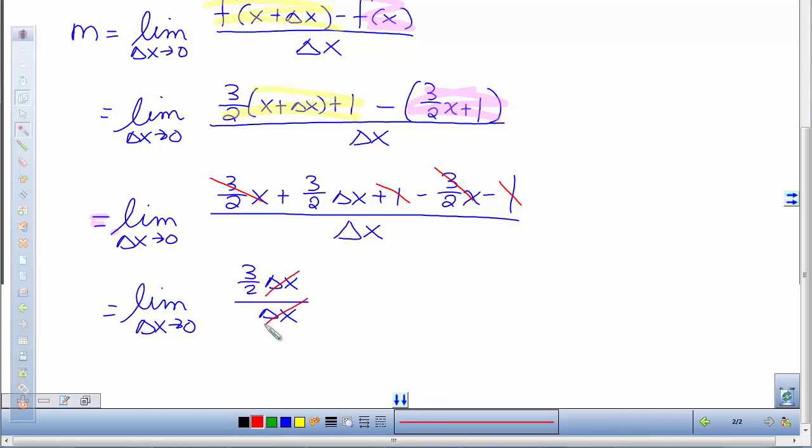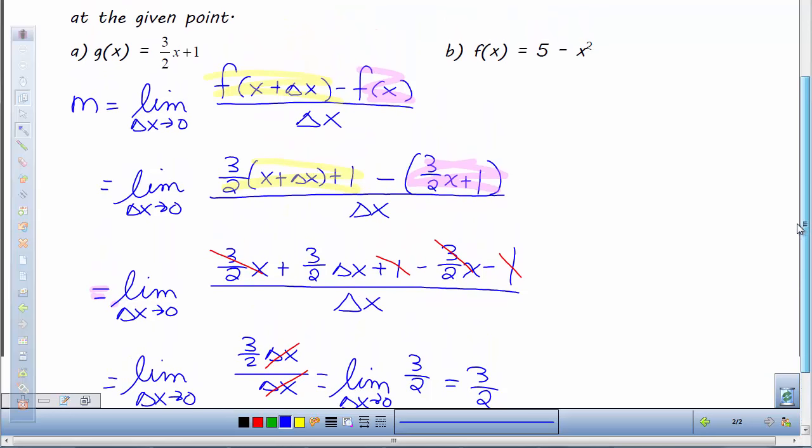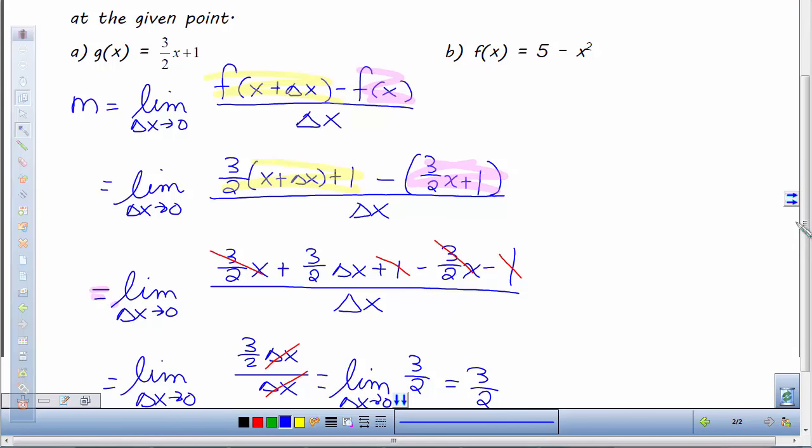And so we're talking about the limit as delta x approaches 0 of 3/2. And of course, we said that the limit of a constant is just that constant. So we get 3/2.